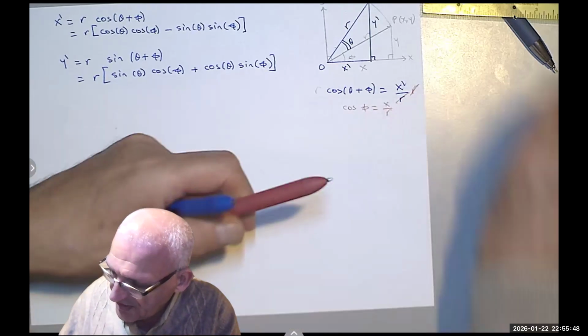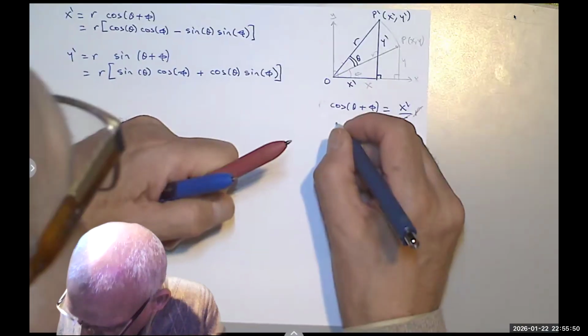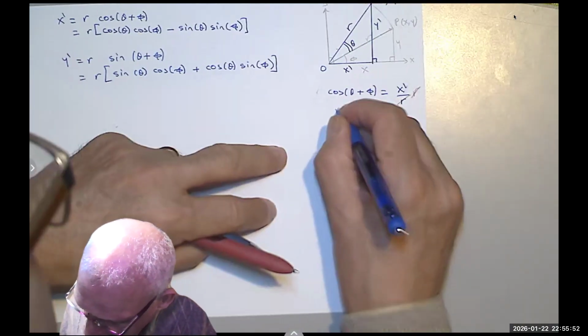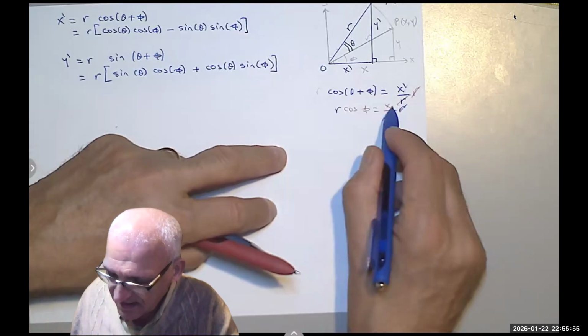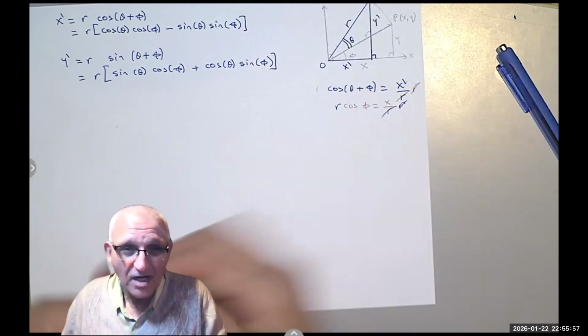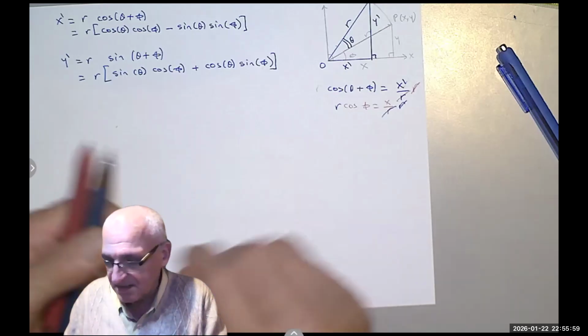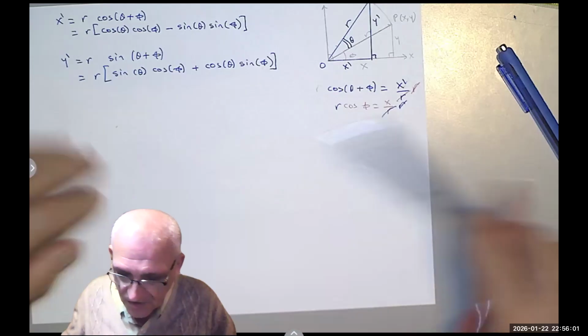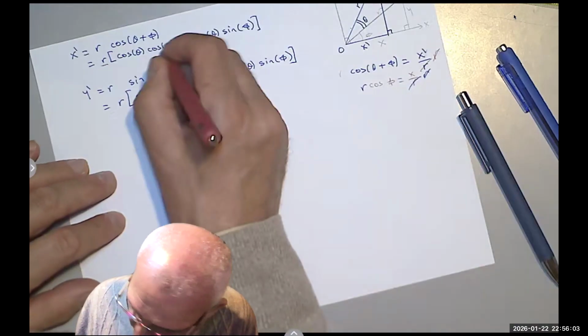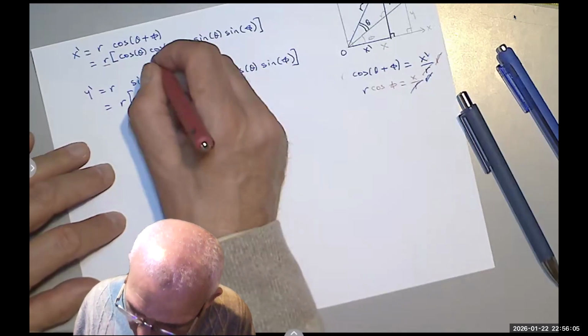So like before, if I multiply both sides by r, I get x is r cos phi. And likewise, y is r sine phi. So really, r cos phi is x.